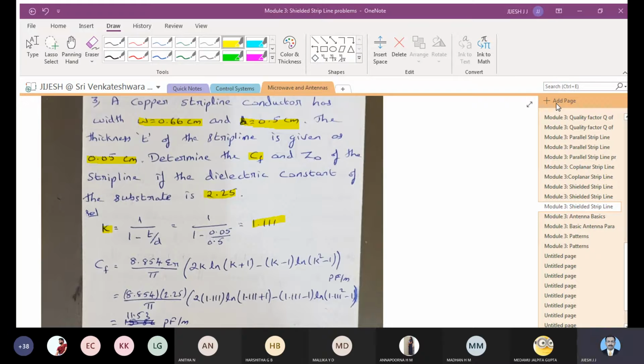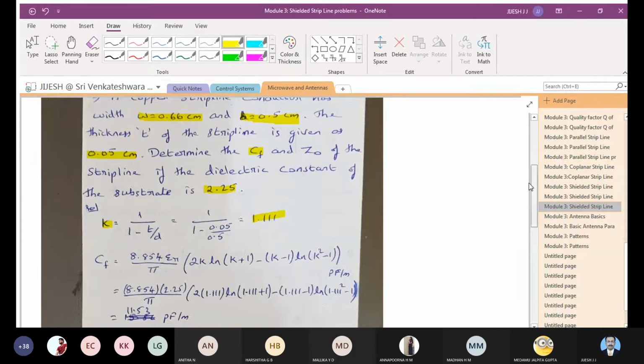Madan, any doubts are there? So both of you, if you don't have any doubts, you can put your hands down. Then we'll continue further. So all of you got this answer. All of you got this answer.